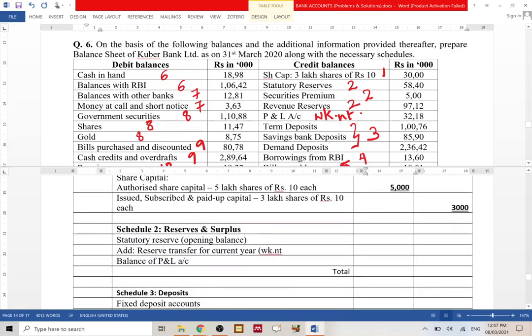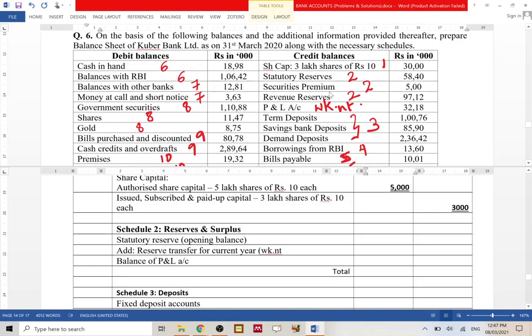What we have under reserves and surpluses is normally the statutory reserve. If you look here, all those that are marked 2 are our reserves and surpluses. So statutory reserves, opening balance as given in the problem. Let's see how much we have there.